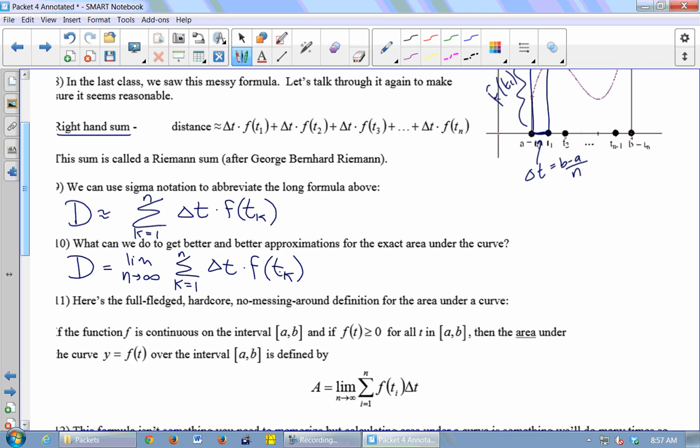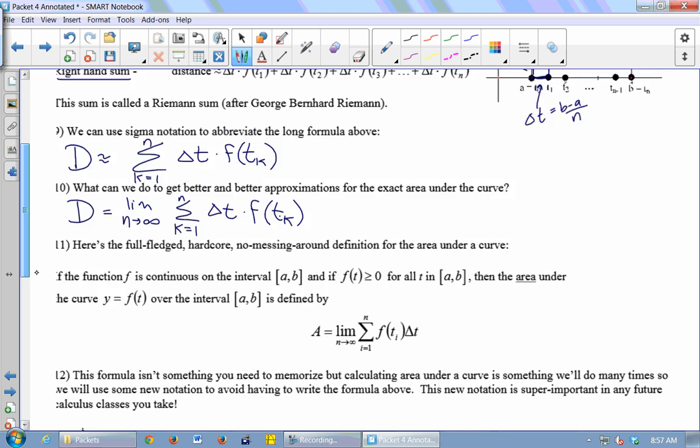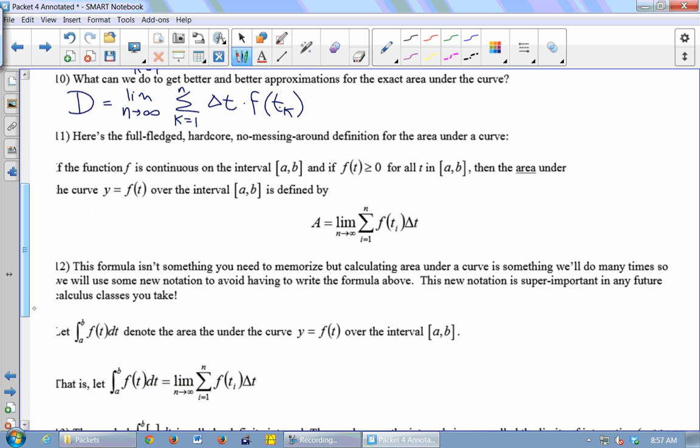That is a full-fledged, no messing around definition for the area under the curve. It's the limit as you let the number of rectangles go to infinity of the right-hand sum. Or the left-hand sum, we're just doing the right-hand sum because you don't have to do both. They both give you the exact area.